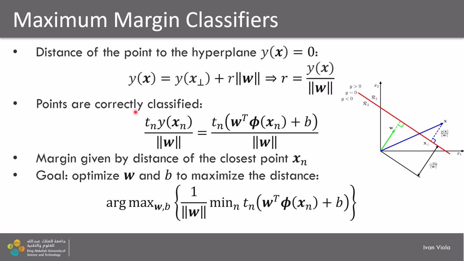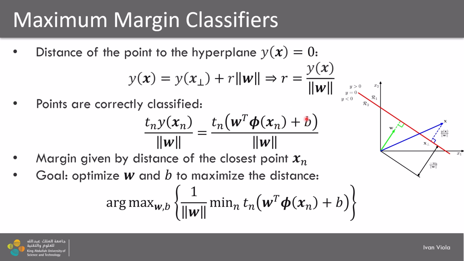Now we can put into this distance definition that we are interested in points which are correctly classified. That means we will have a positive quantity if we multiply by the training target tn. This is the distance for each training point. Here we have expanded the formulation of y by this linear model, where the weights are multiplied with the feature vector plus the bias.